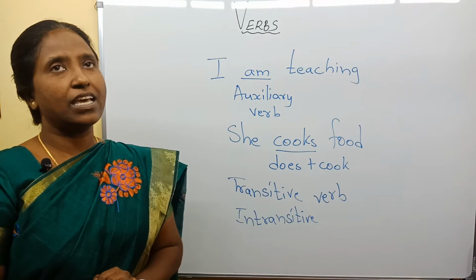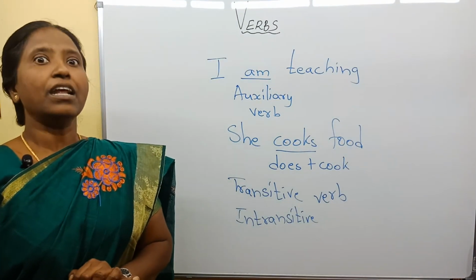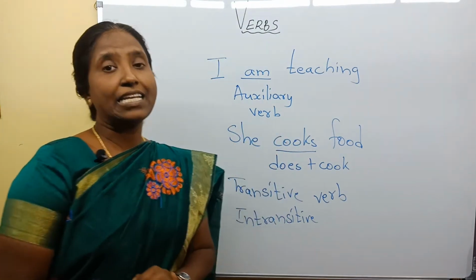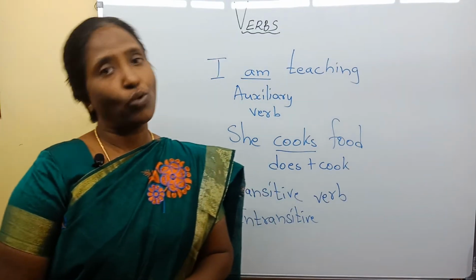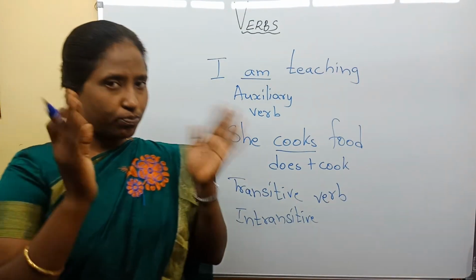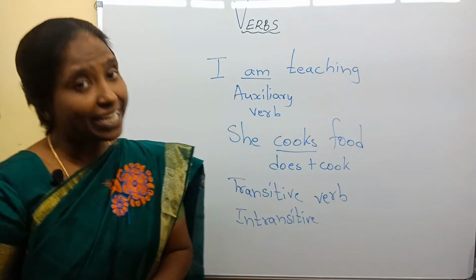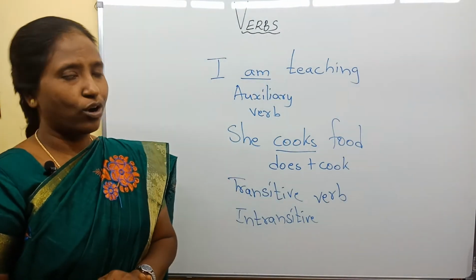Now if I say birds fly in the sky, here fly is an intransitive verb. For this also you cannot make a passive voice. So you need to be aware that passive voice can be made only for transitive verbs, where the effect of the verb falls on the object.